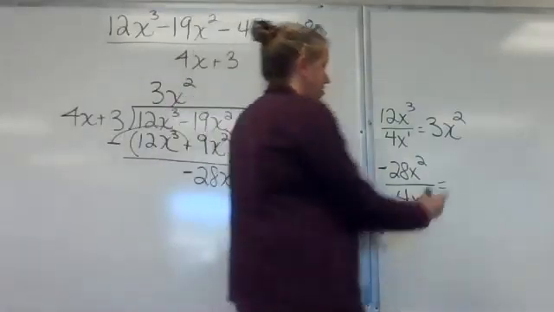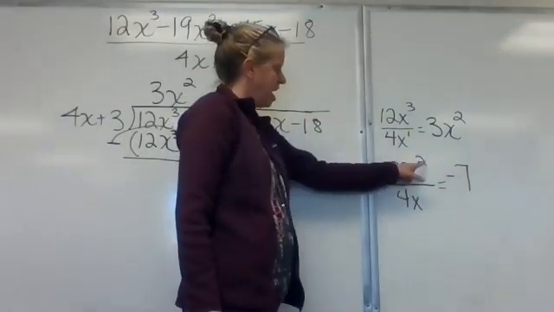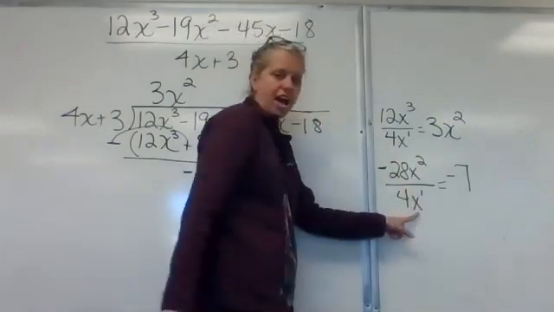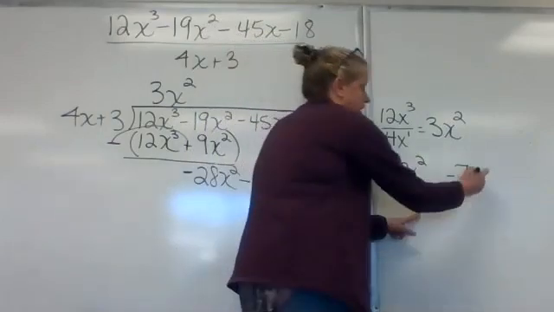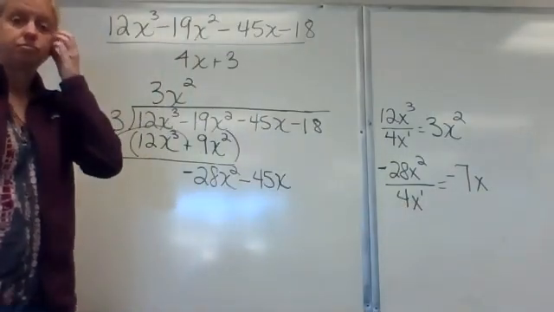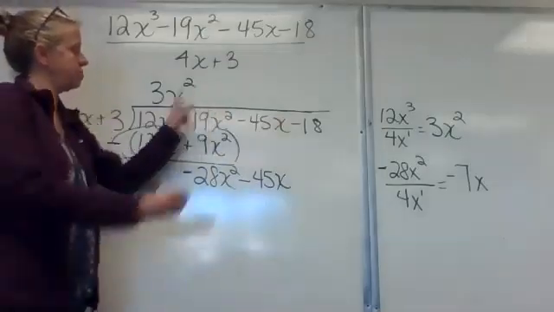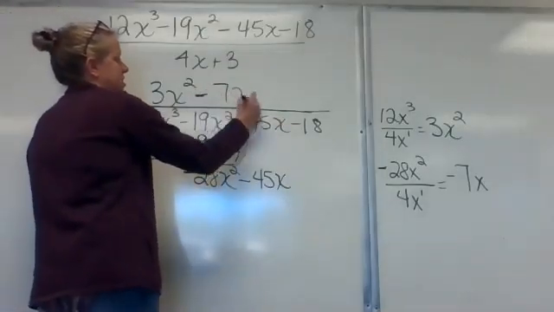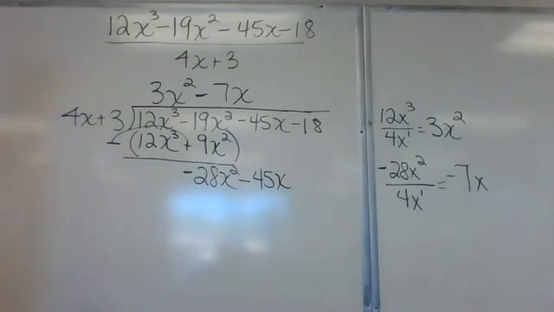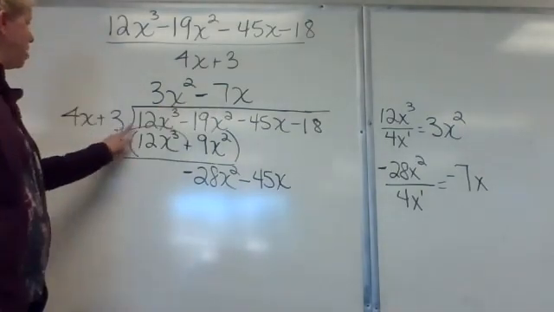So -28 divided by 4 gives me -7x squared over x to the first. If you subtract those exponents, you'll just have an x. So when I did that division, that's the next thing that comes over here. So I'm going to have a -7x. -7x times both of these.